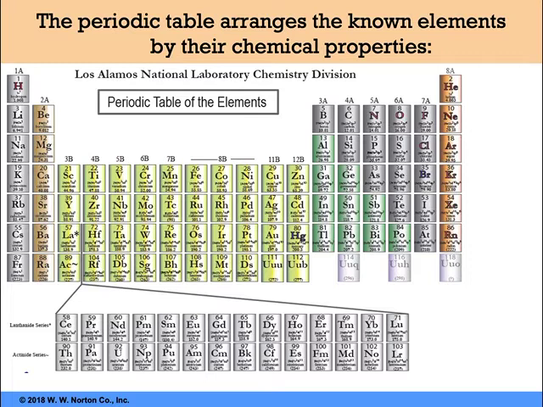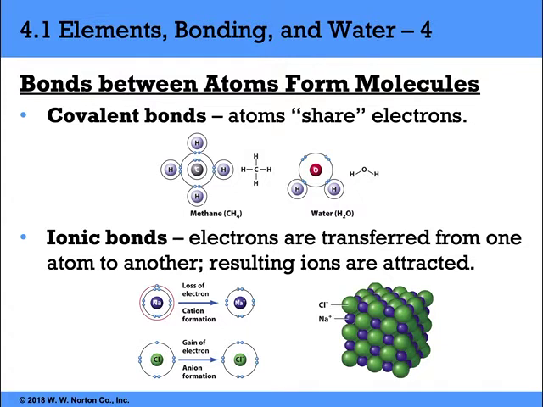We should point out, okay, that if we look at the structure of an atom, you can see, for instance, here with the carbon atom, right? Remember that carbon has the atomic number of 6, right?